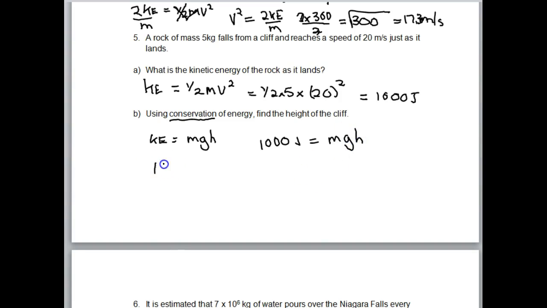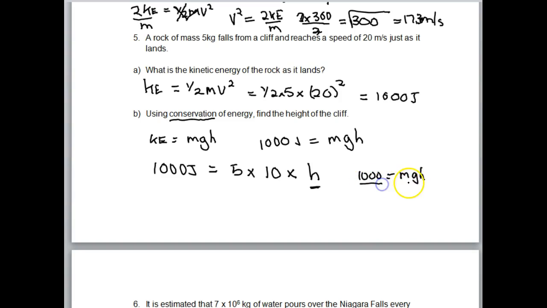Substituting in the numbers, 1,000 joules is equal to 5 times g, which is 10 meters per second squared, times the height, which is the thing we want to find out.